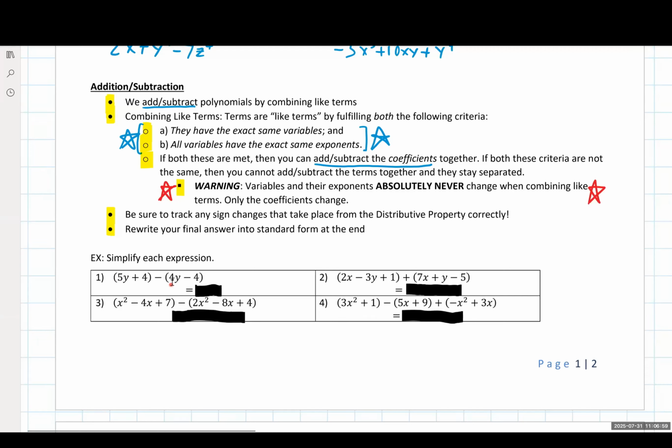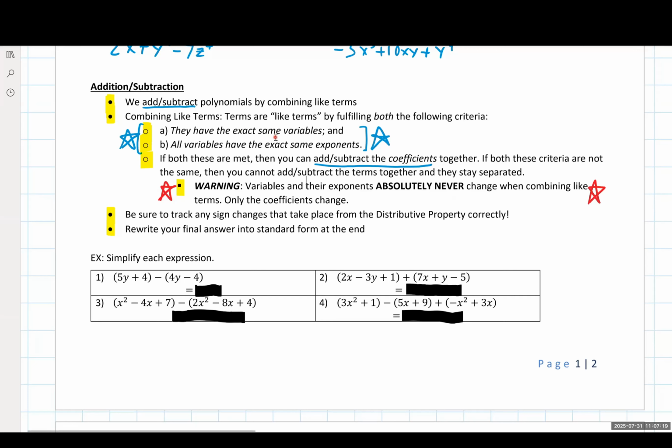The coefficient here would be 4. The coefficient here would be 2. Coefficient here is 3, and so on. So it is only going to be the coefficients that will add or subtract together if I have like terms. And again, these are the two criteria that we absolutely must have met to be able to combine them together.